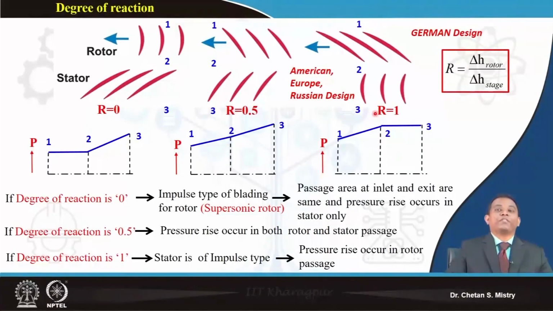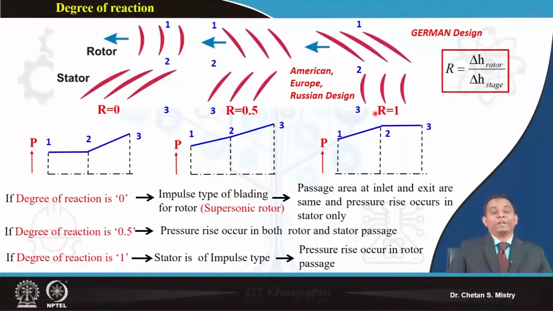So my degree of reaction is varying from hub to shroud. There are many designs in which people assume degree of reaction to be constant. So throughout the span from hub to shroud, they assume their degree of reaction to be constant.